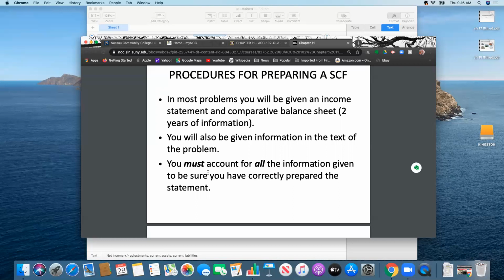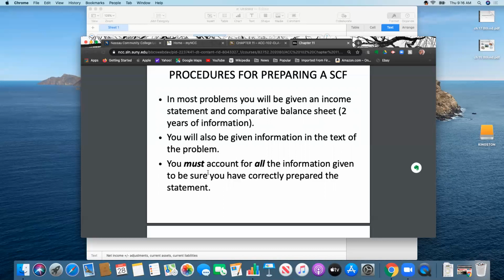As long as you remember the basic rules and you apply them to your problem and follow these steps, I can guarantee you can do any statement of cash flow problem. And you may need the notes as a guide because you don't remember everything the first time you do something.